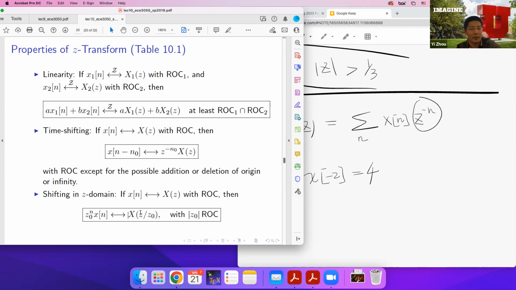So here is X(z) divided by z0. Going back to the time domain, this will create an additional modulation signal, which is z0 to the power of n times your original signal. Yeah, in fact, this is more like a scaling in the Z domain.